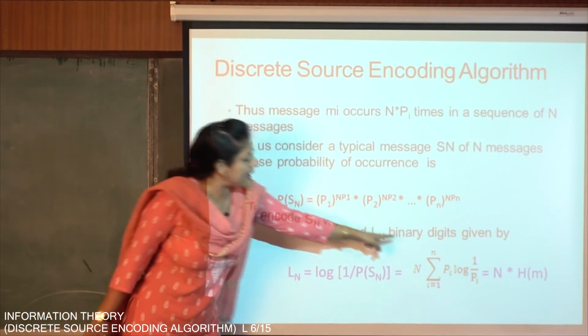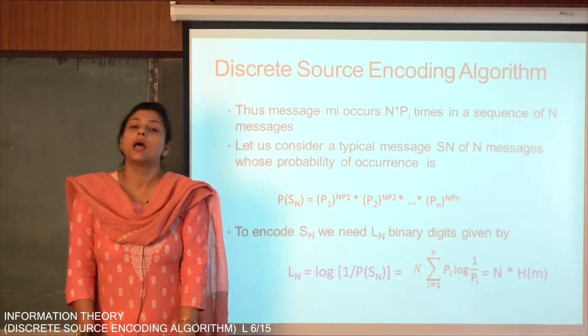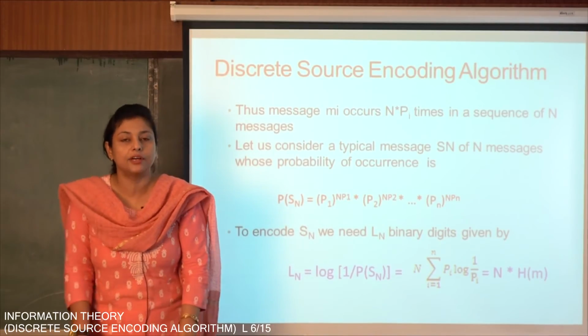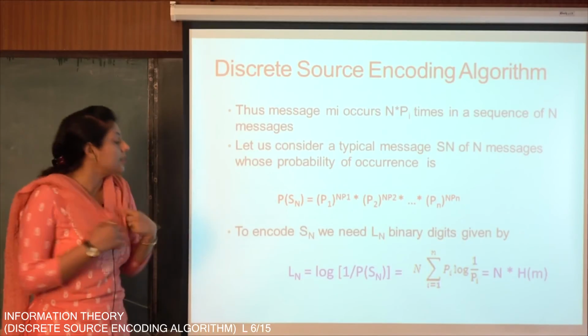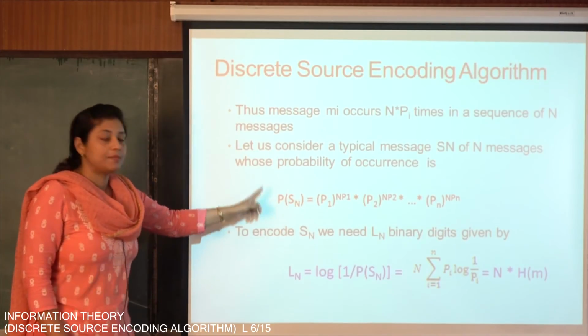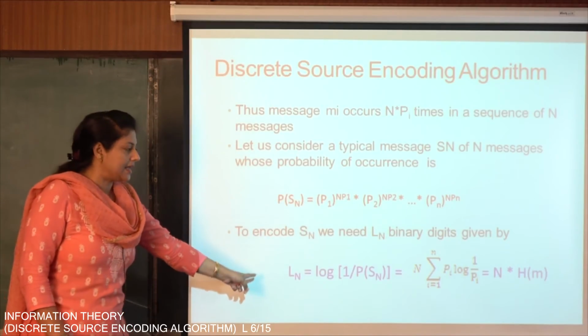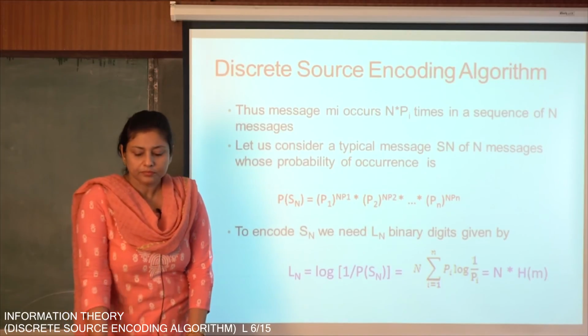Now what is this value? Summation of Pi log of 1 by Pi is nothing but our entropy, which we have already covered in the previous lecture. So we can conclude that the number of binary digits required to encode the message Sn, which is given as ln, comes out to be N times the entropy.